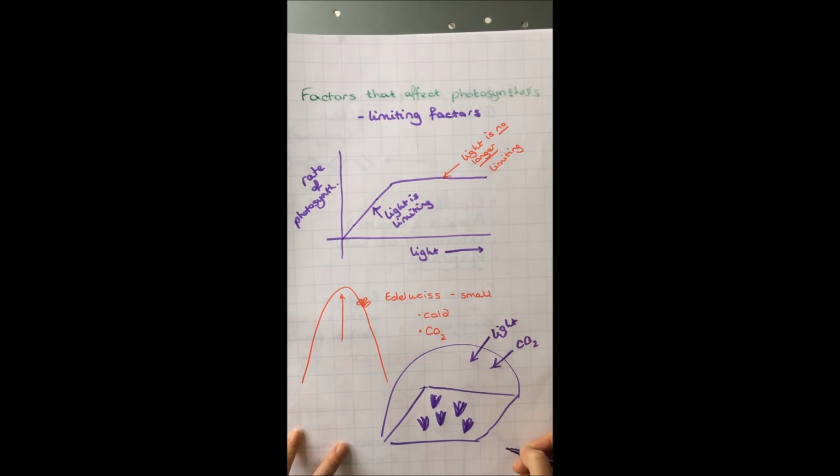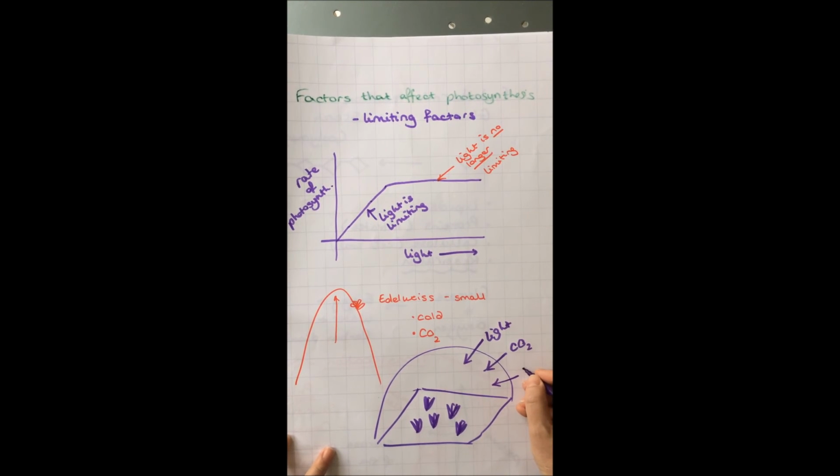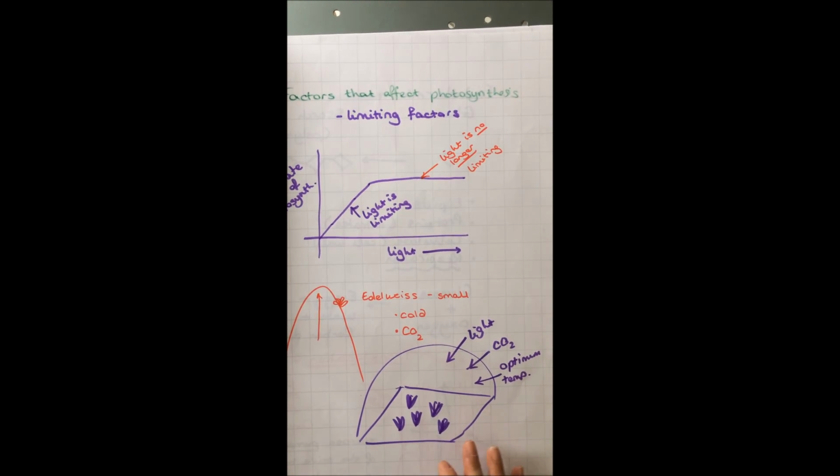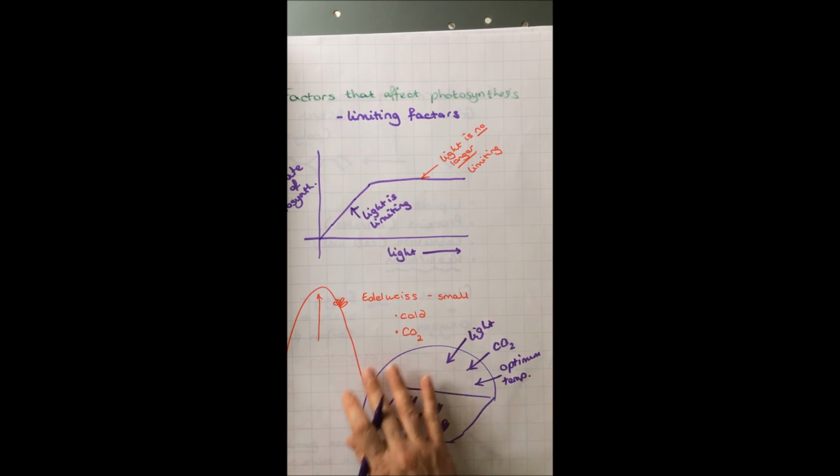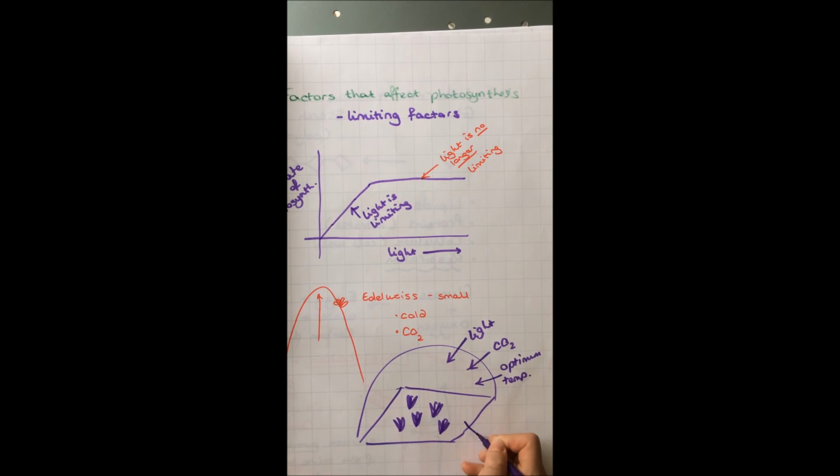They'll add maximum carbon dioxide to the atmosphere, and they will keep the environment at the optimum temperature. By doing that, they are maximising the rate of photosynthesis and therefore the rate of growth of plants kept inside that environment. None of those things is then stopping or slowing down the rate of photosynthesis.